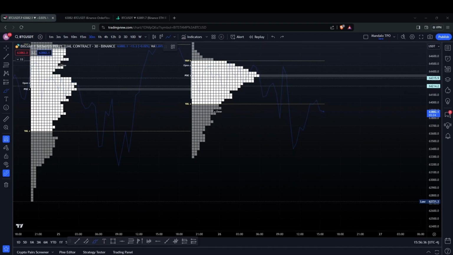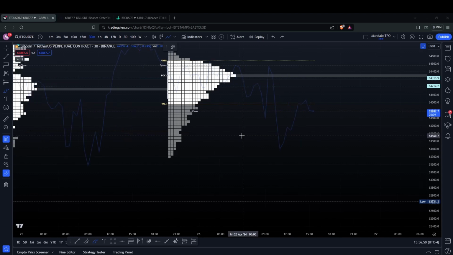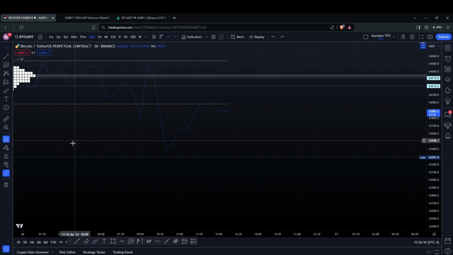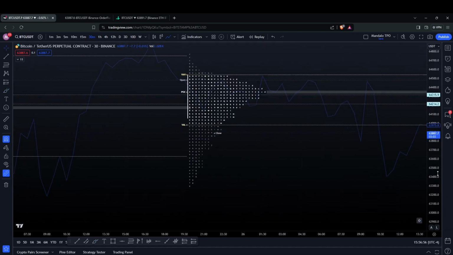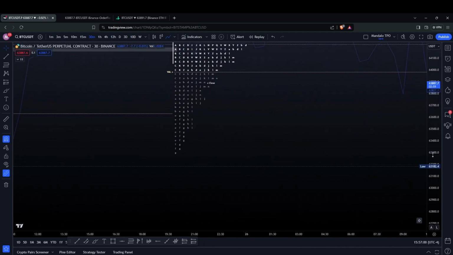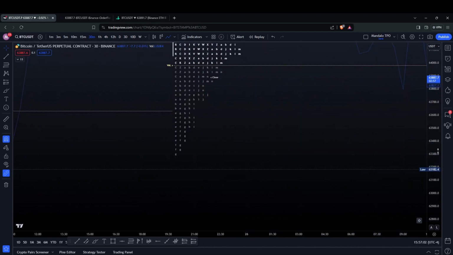So when you're using these market profiles, these TPOs, you're going to be looking at the highs and the lows. And to identify a poor high or a poor low, these blocks represent highs and lows of a session.